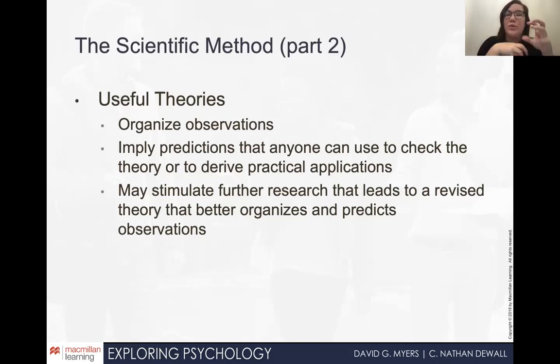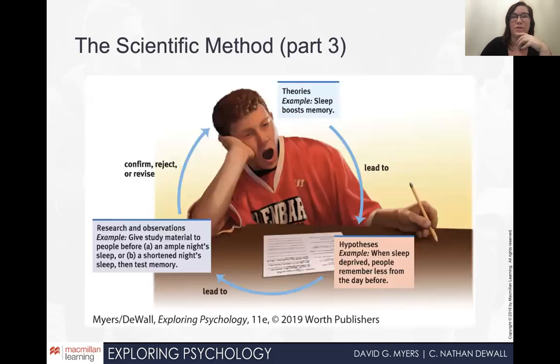So as we're creating theories, we're gathering observations, we're making our studies replicable so other people can check and see if that theory is accurate or if it is not supported and it's another theory or a modified theory that is more supported by research.